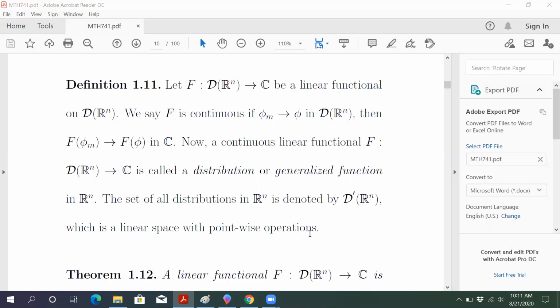But at least we need to know that the set of distributions is a vector space, or linear space, with pointwise operation. You write down this, then you tell me what it means when we say with pointwise operations. So we give you the definition, and gradually later we give you some examples.